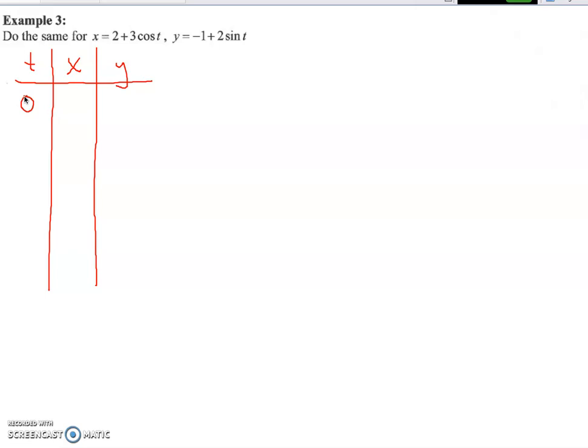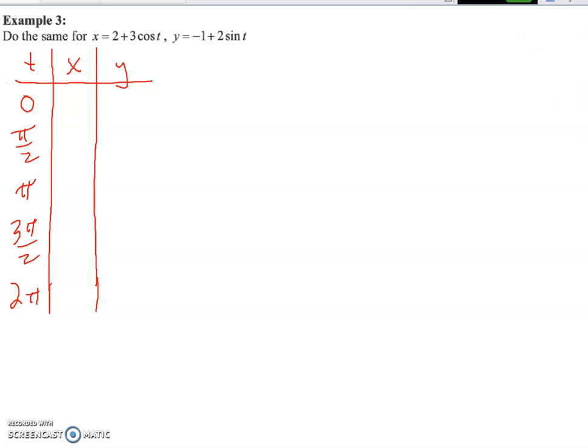And that just happens to be pi over 2, pi, 3 pi over 2, and 2 pi. So we're going to stick to those values. By picking the in-between values, you have more data points to plot, so you get a slightly more accurate curve, but we're still going to get the same thing by just picking the easy values.